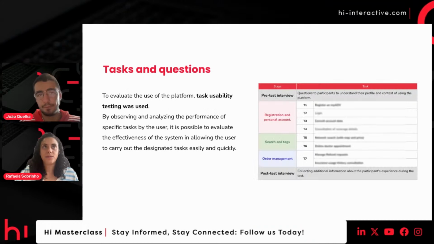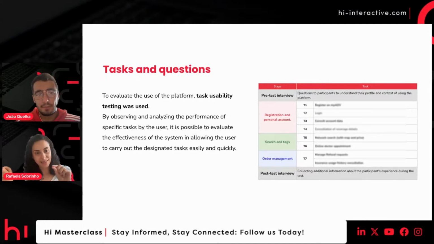First of all, we talked with the client and we understood which parts of the platform needed testing. And we have these three groups, and inside these groups we had tasks. So the tasks were what you want to ask the user to do. Each task is a flow, so we want to observe the users doing these flows.